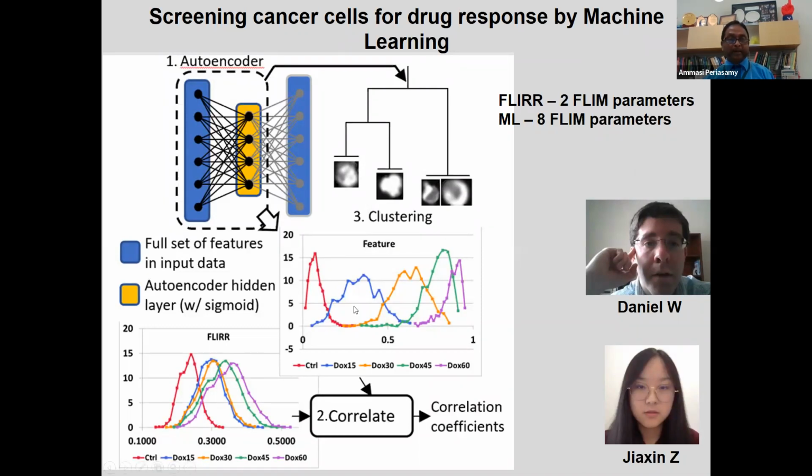So you can see the response, the yellowish color, within 30 minutes, you can see the drug response. We don't have to wait for 60 minutes. What it does is that you can quickly see the response within 30 minutes. What we did after fitting the lifetime data, you take all the parameters and feed it to this machine learning algorithm, and you can see that it takes only maybe seconds to minutes as compared to the 2 parameter FLIRR value we have been calculating using our image segmentation software, maybe 1 hour or something like that.